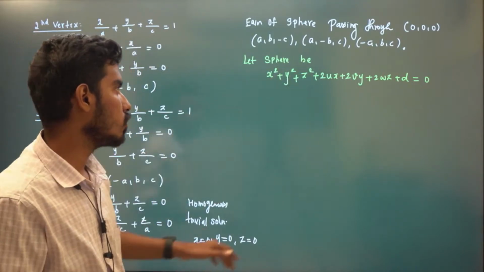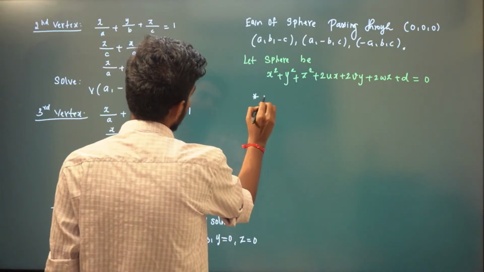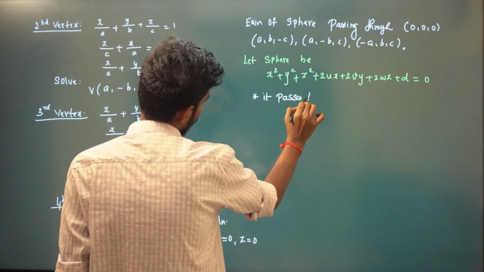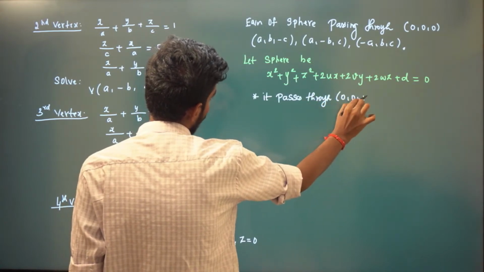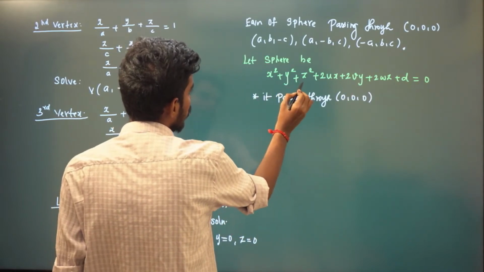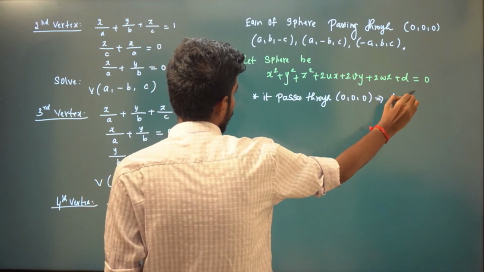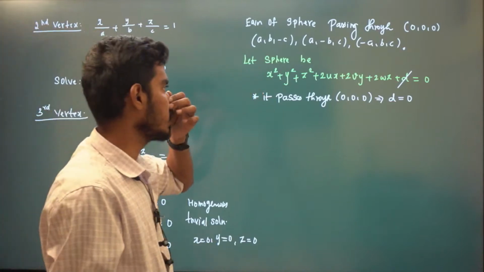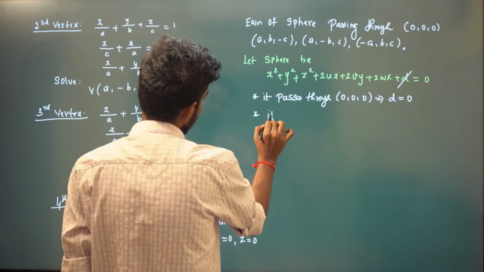Now it is passing through origin, so 0 comma 0 comma 0. That means d has to be 0, right? Because 0 plus 0 plus 0 plus 0. This implies d is 0. So d will vanish. Now you need to find u, v, w in terms of a, b, c. It is passing through a comma b comma minus c.